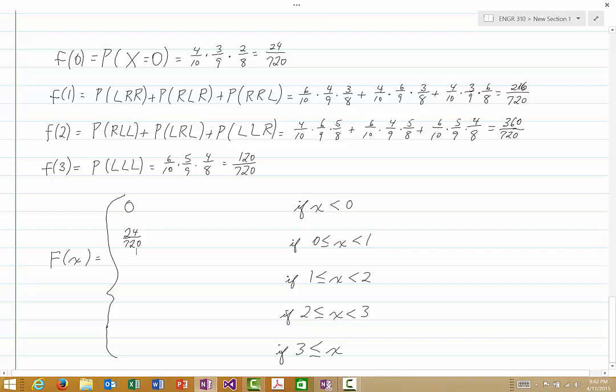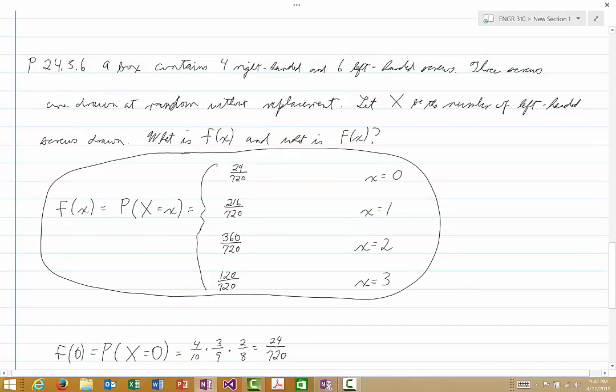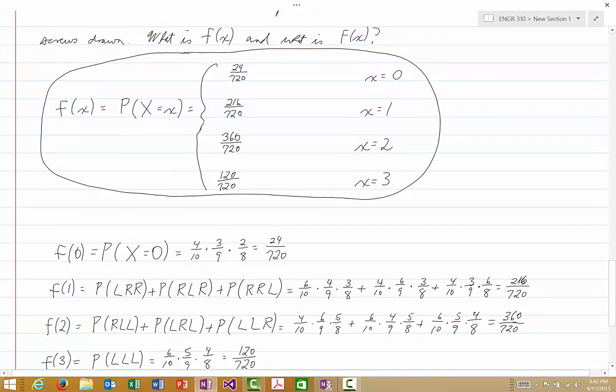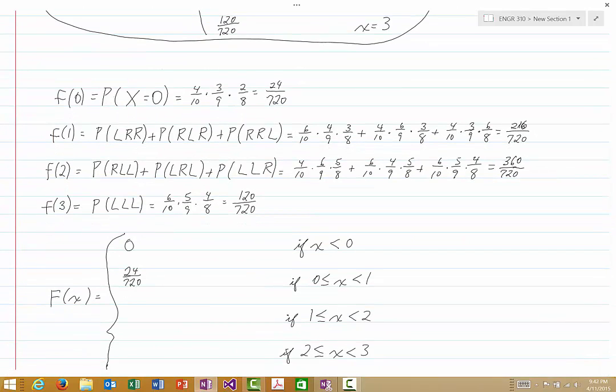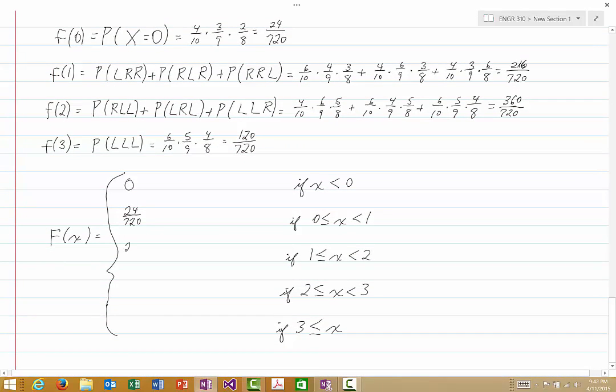So we need to add up the probabilities that the random variable is equal to 0 and that it's equal to 1. And so we get 24 over 720 plus 216 over 720, or 240 over 720.